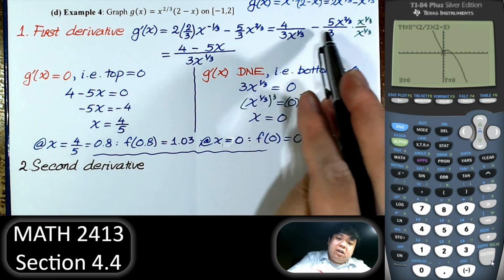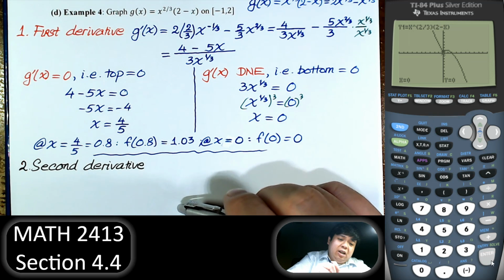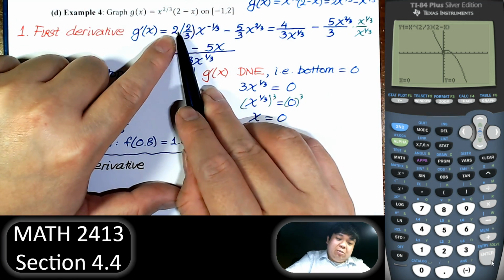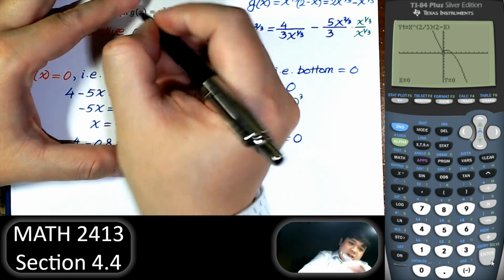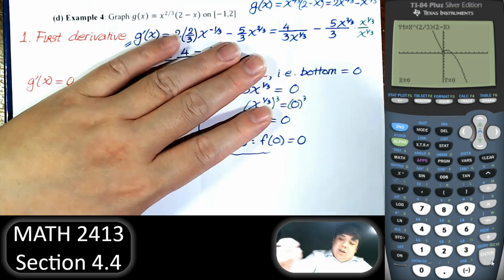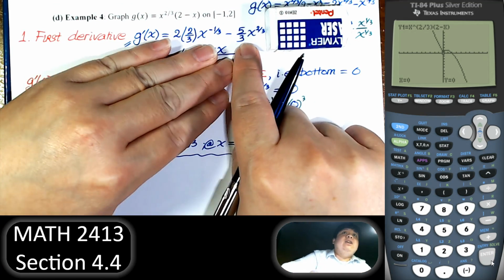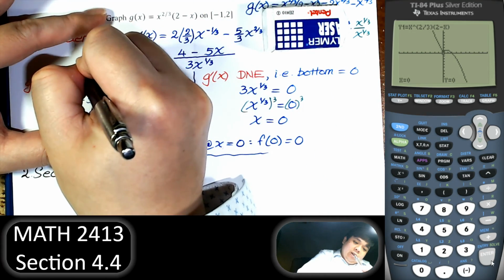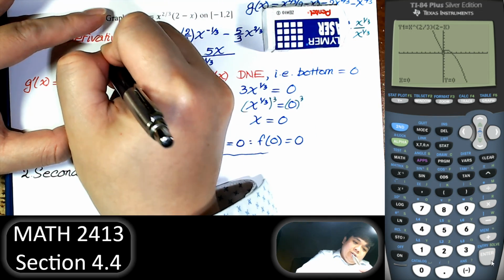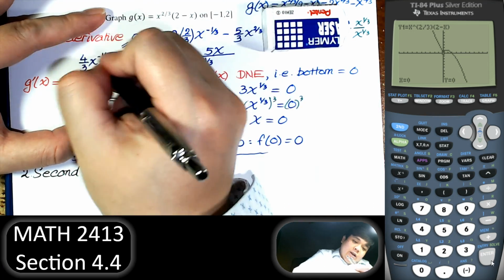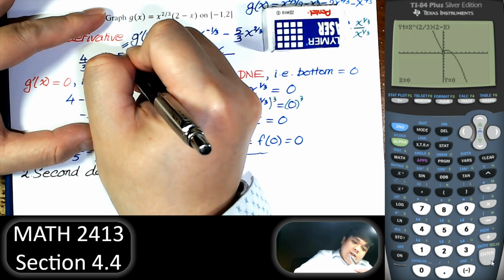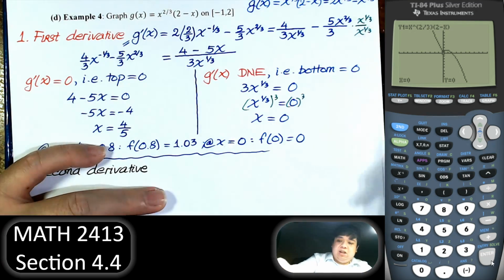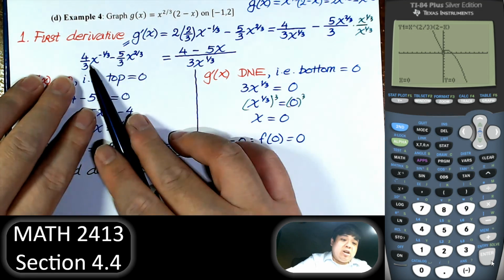It's not ideal. Actually what I should have written earlier for the derivative is equal to 4 over 3 x to the negative 1/3 minus 5 over 3 x to the 2/3. That will be much better, right? It will be much better to take the derivative from here.